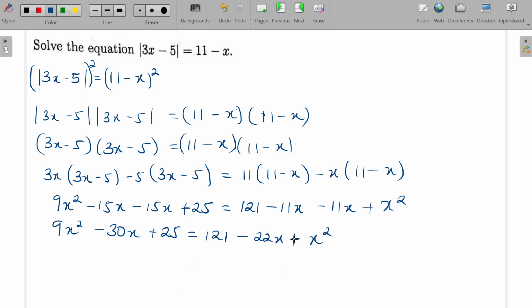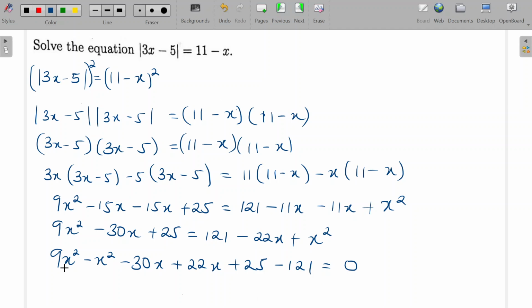Then you take all these to this side. You're going to have 9x squared, and the positive x squared coming to this side becomes minus x squared. Then minus 30x. The negative 22x coming to this side gives you plus 22x. Then plus 25. Then the 121 coming to this side gives you minus 121 is equal to 0.